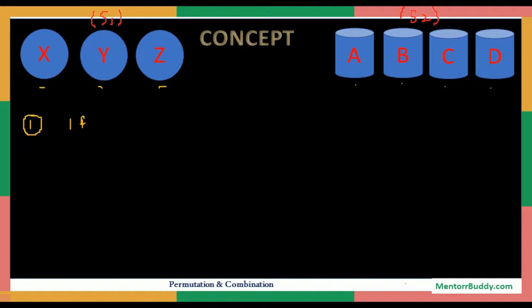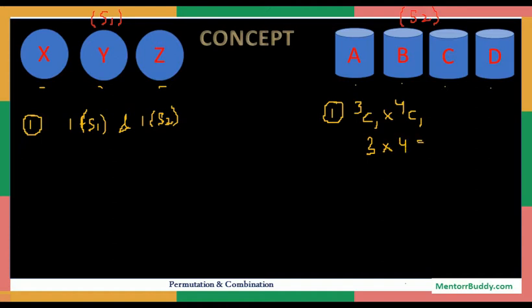Say I have to select one from set 1 and one from set 2. For the first part, I select one from X, Y or Z, so that is 3C1, and one from set 2 is 4C1. 3C1 is 3, 4C1 is 4, and 3 into 4 is 12 ways. So in 12 different ways a selection of 1 from set 1 and 1 from set 2 can be done.